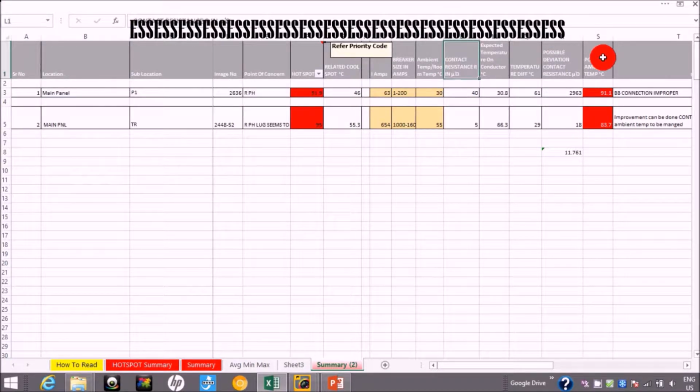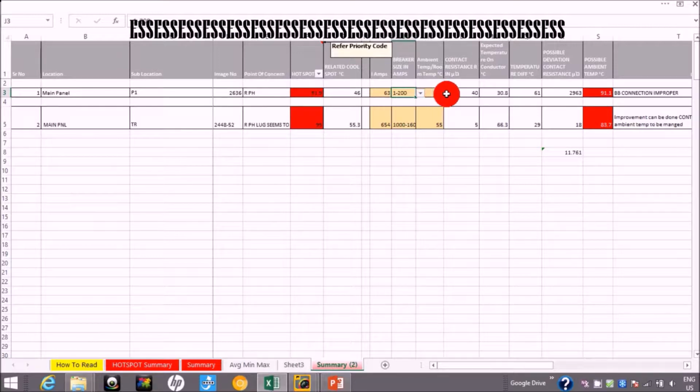Then this is all formula based, so you don't require to do anything with this. So contact resistance in micro ohm. This is not written anywhere in the standard that a breaker of 1 to 200 ampere will only have a 40 micro ohm contact resistance. This is just a practice that we follow, and there is no such standard or anything mentioned anywhere.